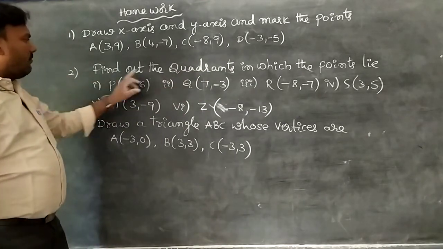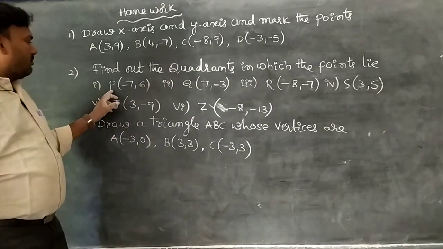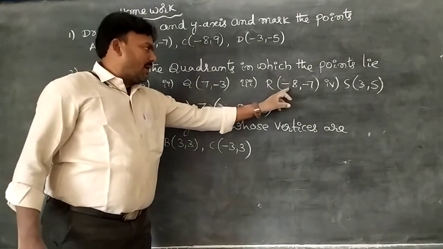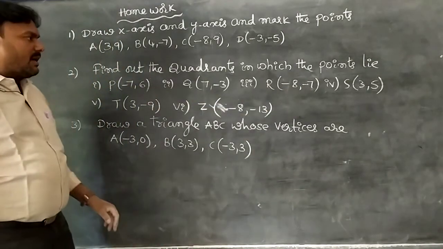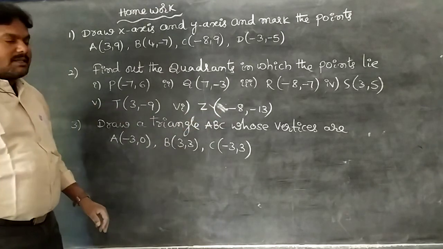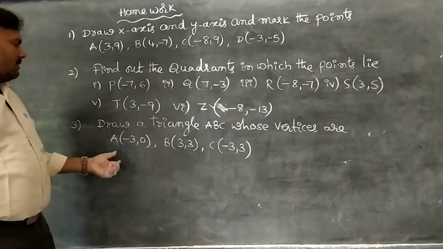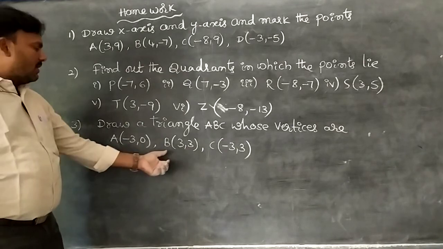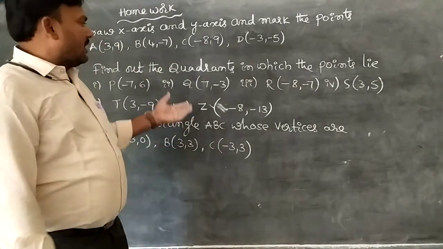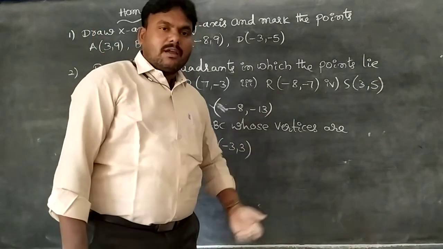Second problem: find out the quadrants in which the points lie: P(-7, 6), Q(7, -3), R(-8, -7), S(3, 5), T(3, -9), Z(-8, -13). Next, draw a triangle ABC whose vertices are A(-3, 0), B(3, 3), and C(-3, 3). So take a graph sheet, students. Last problem, draw a triangle and find out the area of the triangle also, students.